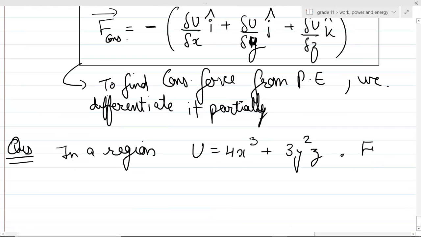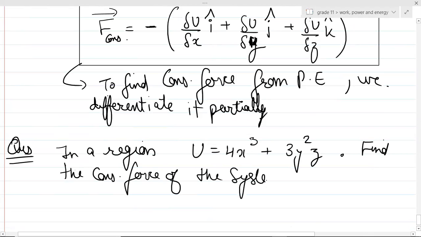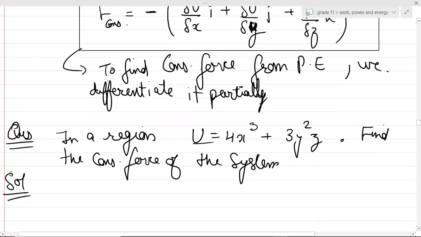So now the question is to find the conservative force of the system. Can you see guys what is given? The potential energy is given as a function of x, y and z, and they are asking what is the conservative force. So what to do in this case, I told you, whenever you want to find out the conservative force from potential energy, we differentiate it partially.